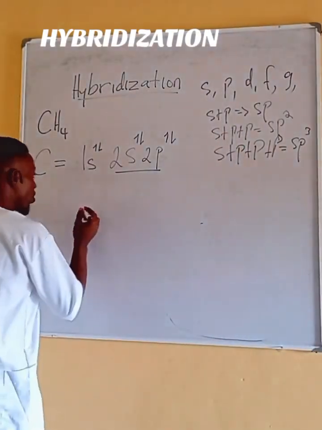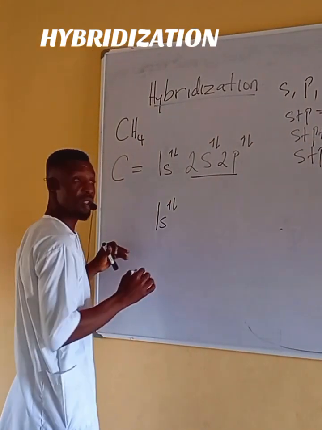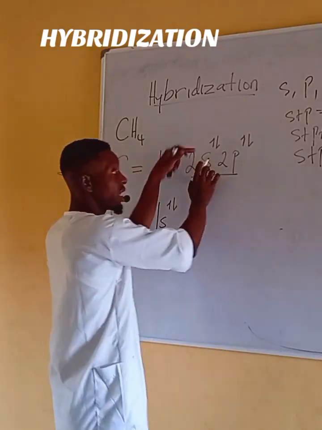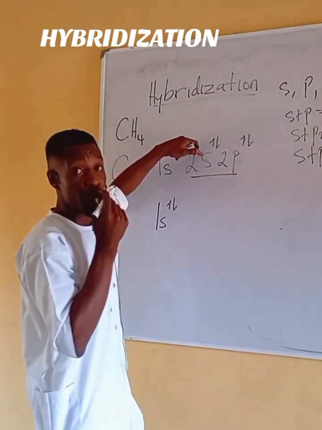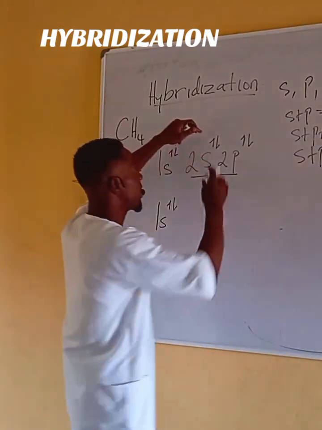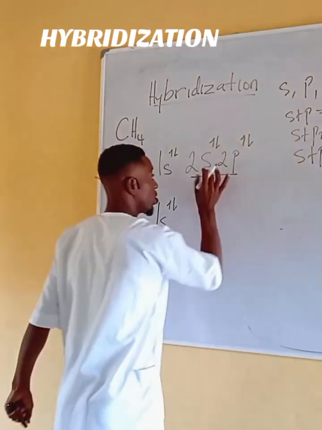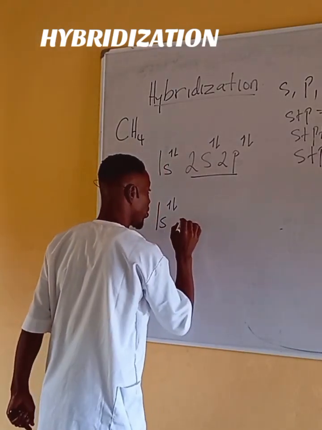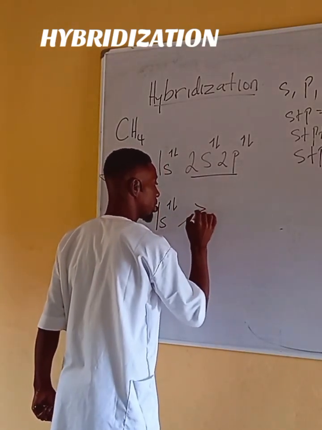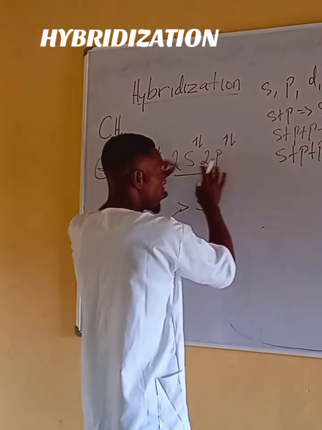So, if you look at it now, we say this is 1s with these 2 electrons. Now, the 2s will be promoted, and by the mixing of these atomic orbitals, they form new hybrid orbitals. This will first of all be promoted to the same energy level, because s and p will mix, right?